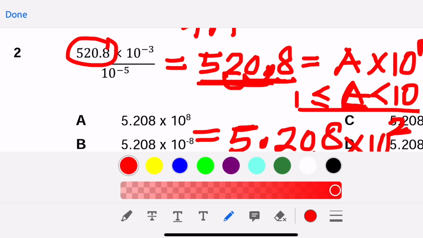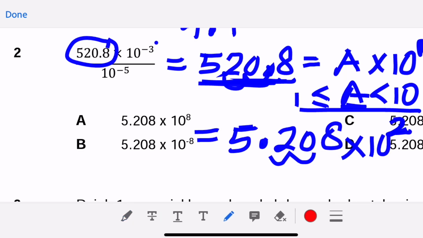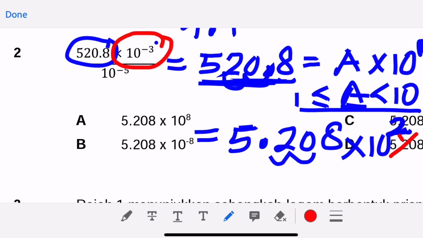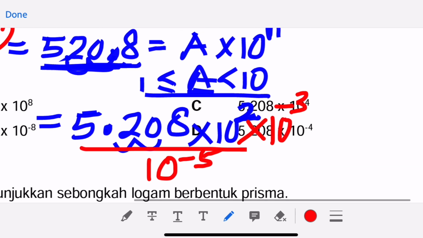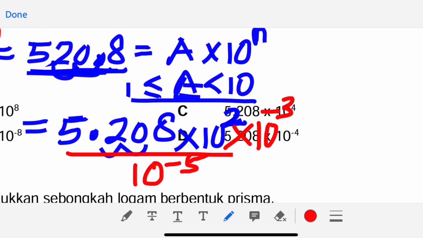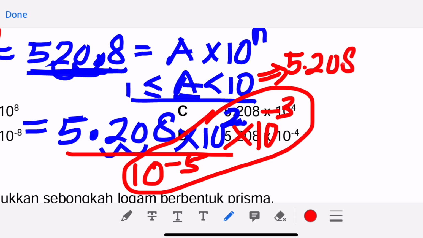Then don't forget we have this one. I'm going to show you. We have to write back this one times 10 power negative 3, over 10 power negative 5. Now, how to simplify this: you look here, we have all the 10, so we can write 5.208 times 10.